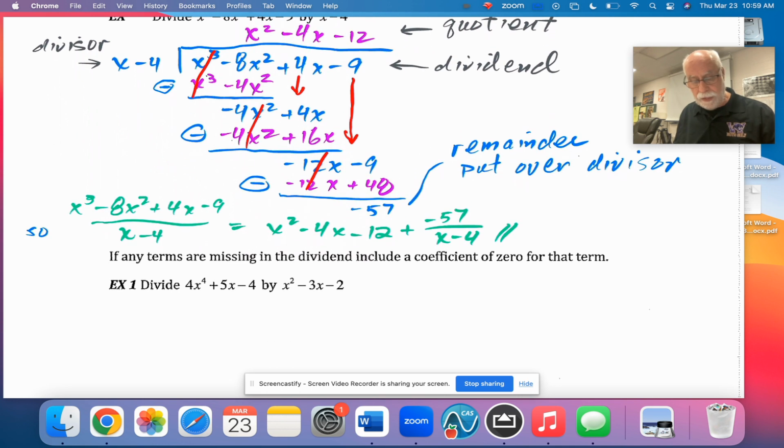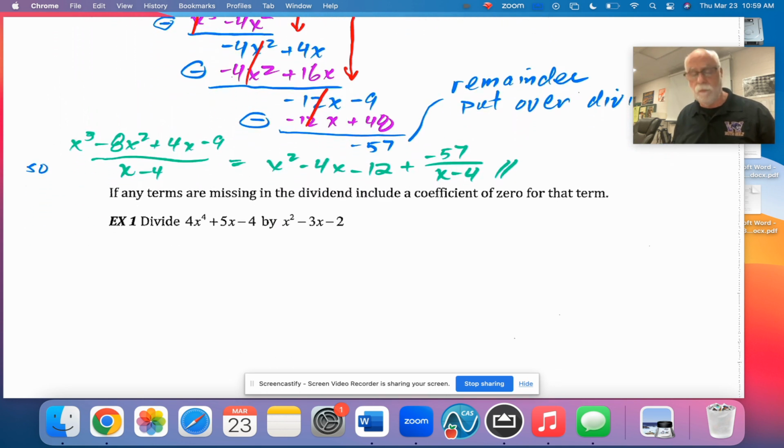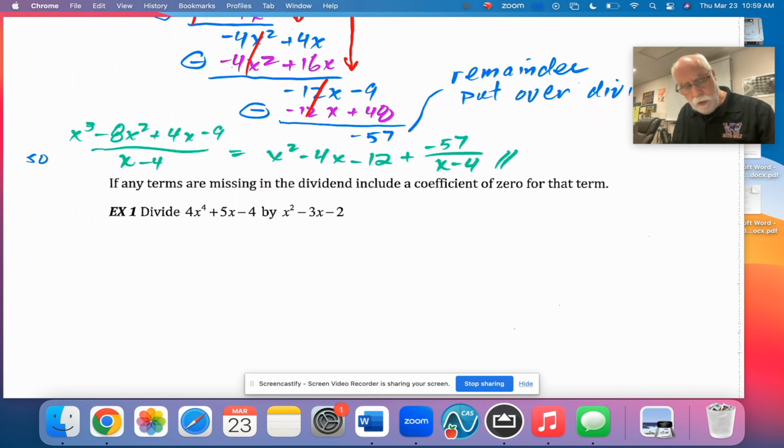Now I'm going to give you the one that is similar to some of the homework problems. Again, it says if any terms are missing in the dividend, include a coefficient of 0 for that term. So we're going to do the same thing here. We're going to have our little divisor thing, and we're going to say 4x to the fourth.